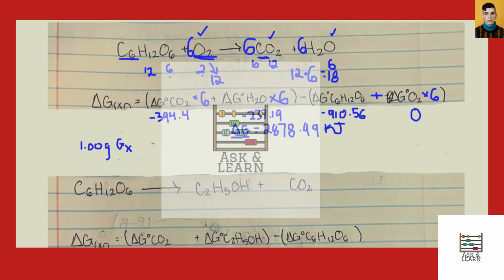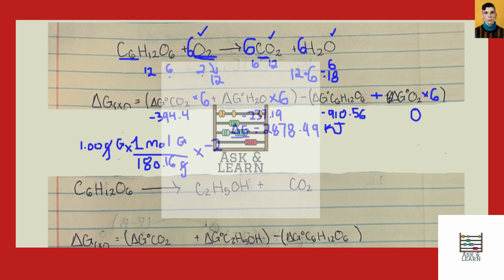So 1 gram of glucose times 1 mole of glucose is 180.16 grams. Now, in order to cancel the moles out, so we've canceled the grams here, we can say that negative 200, oh, I'm sorry, I misspoke.